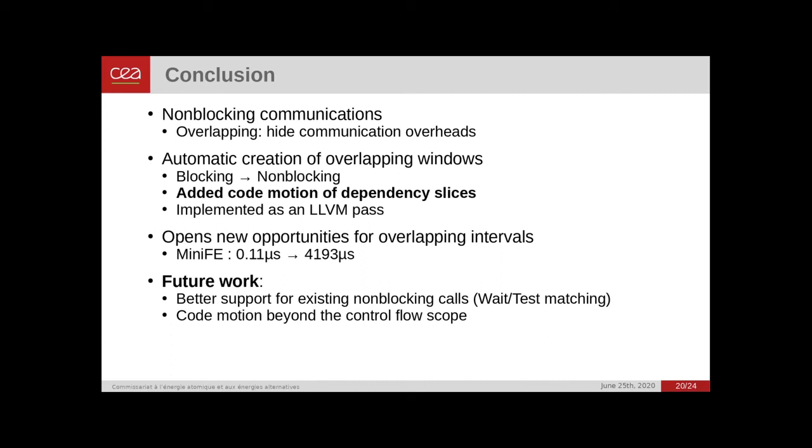But they are harder to use, which is why we made automatic tools to create overlapping intervals. This is what we propose here: a compilation path that transforms blocking MPI codes into their non-blocking form, and applies code motion in a way that moves not only the non-blocking calls, but also the dependency slices, to obtain a larger overlapping interval.